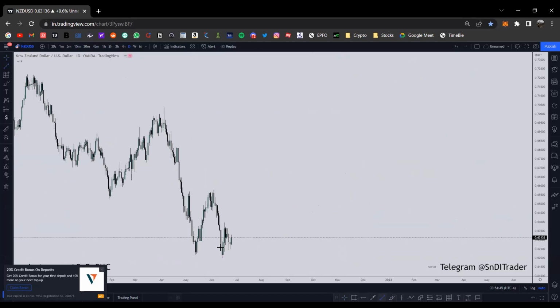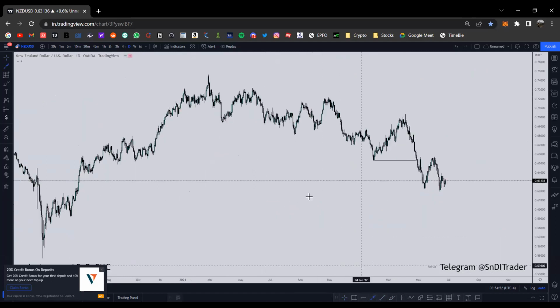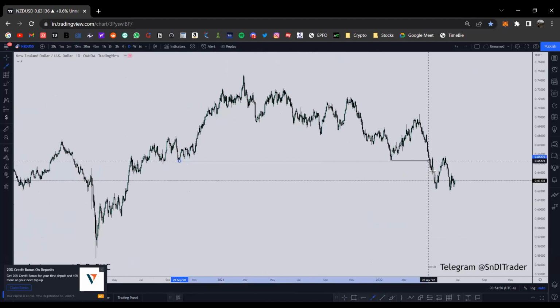So we have another BMS towards the downside here. Okay, and we will have another BMS towards the downside.